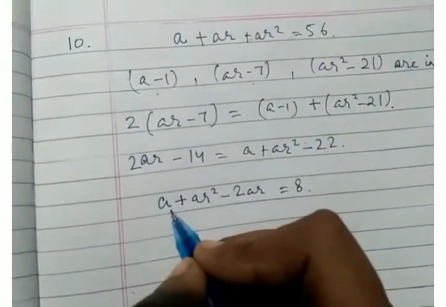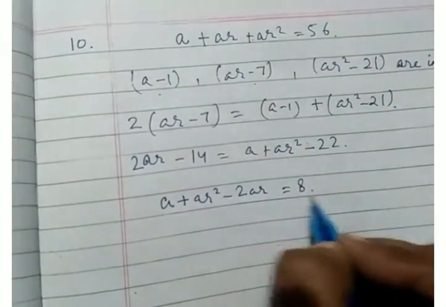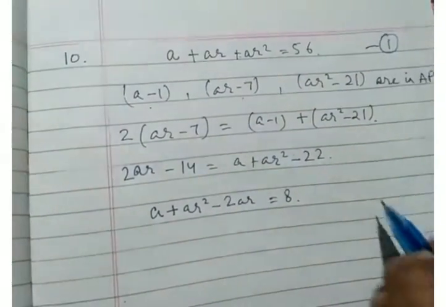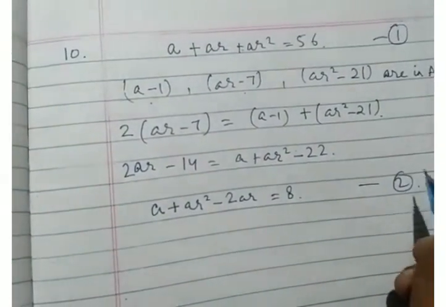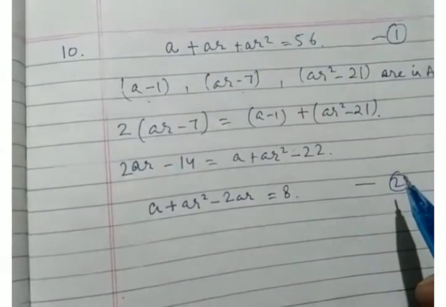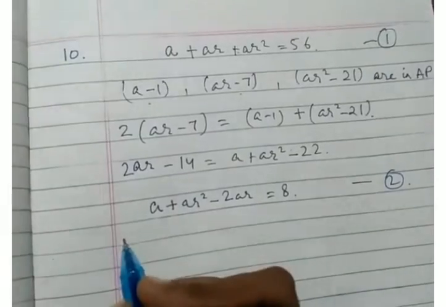So we have the equation A plus AR plus AR square equals 56, and A plus AR square minus 2AR equals 8. Now this is the first equation and this is the second equation. What we are going to do is solve these two equations by dividing them.